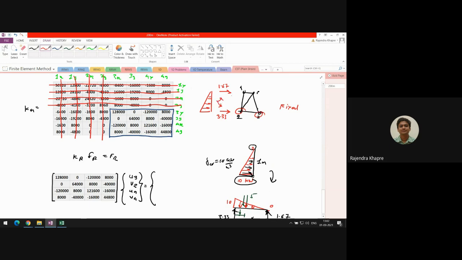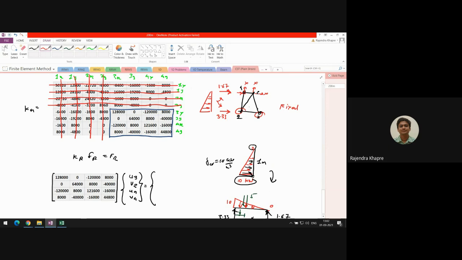Now we have a load which is coming out to be 1.67, and it is acting at node number 4, that too in the x direction. There is no force in the y direction, and there is no force over here because there is no water pressure coming over here.